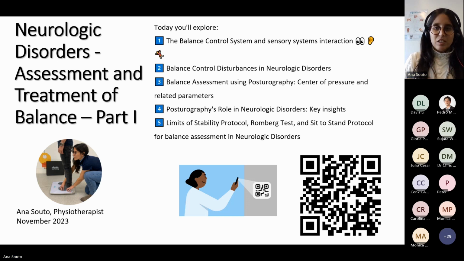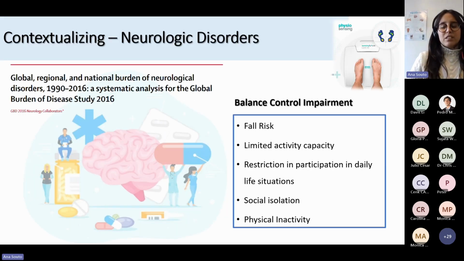Okay, so let us start by contextualizing neurologic disorders and how they impact balance. We know that neurologic disorders are one of the major causes of mortality and disability worldwide, and they are associated with varying degrees of sensory and motor problems.